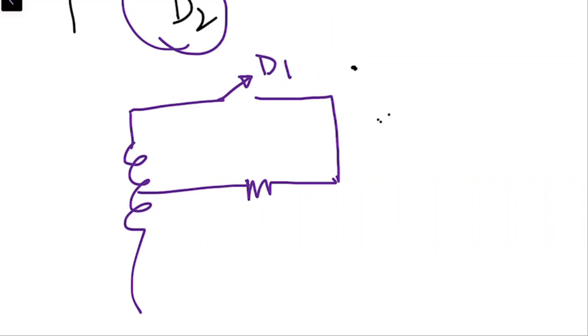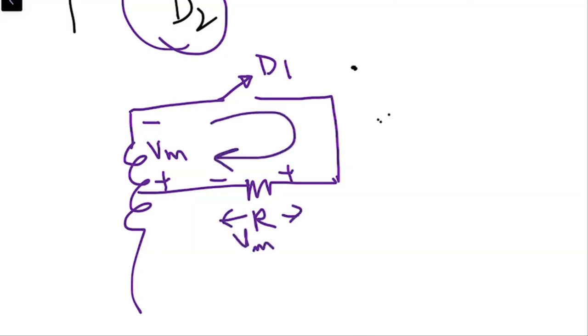At this specific time, the maximum value here is Vm. Again, the maximum value across R is Vm.